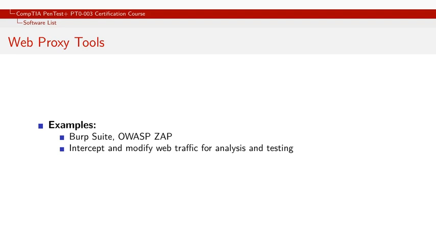These are indispensable for intercepting and modifying web traffic, allowing you to perform thorough analysis and testing on web applications. Key examples include Burp Suite and OWASP ZAP. Both tools provide comprehensive features for testing web security by capturing HTTP requests and responses, allowing you to customize and manipulate them for deeper insights into potential vulnerabilities.